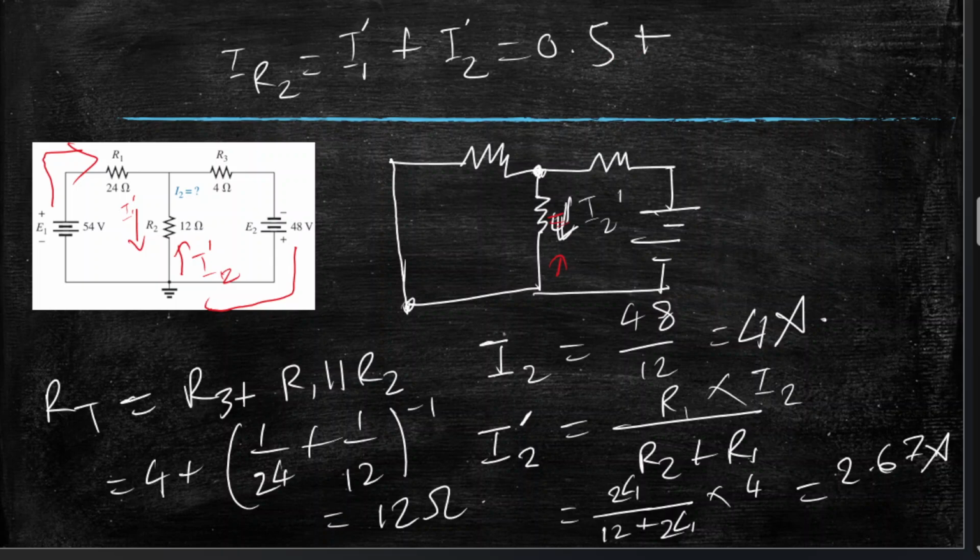So here we have to put one of them as a negative value. So let's say 0.5 plus I2 prime, this we'll consider to be negative. So minus 2.67. So that means 0.5 minus 2.67, minus 2.17.